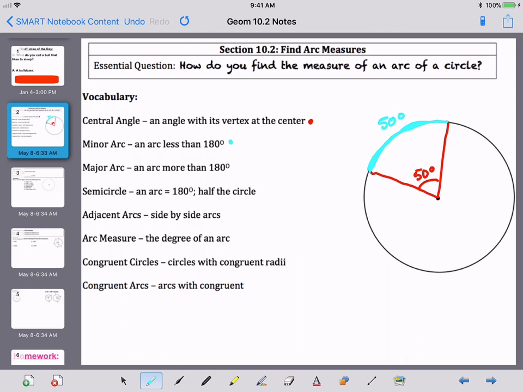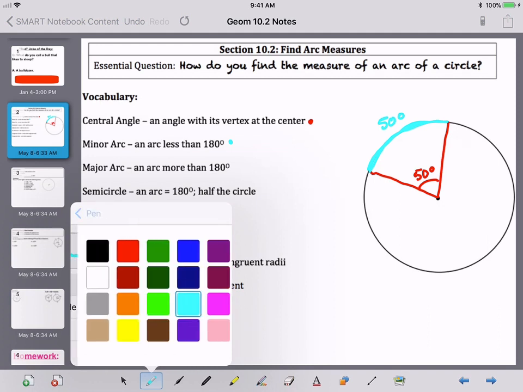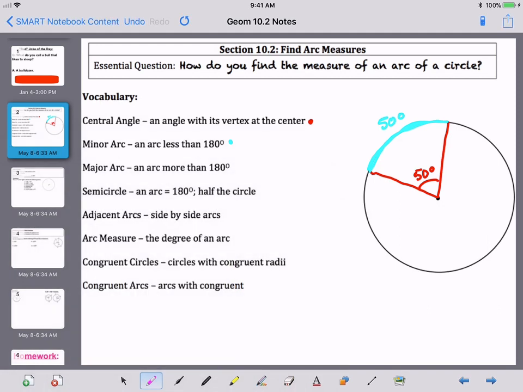Now a major arc is an arc that is over 180 degrees. So if I go around this way on this circle, well, we know the entire circle is 360 degrees, so this arc would be 310 degrees. That is an example of a major arc.